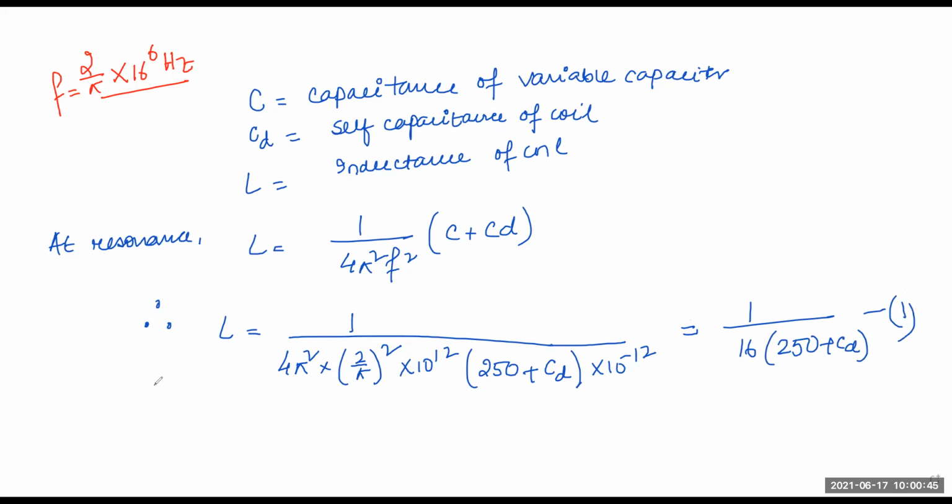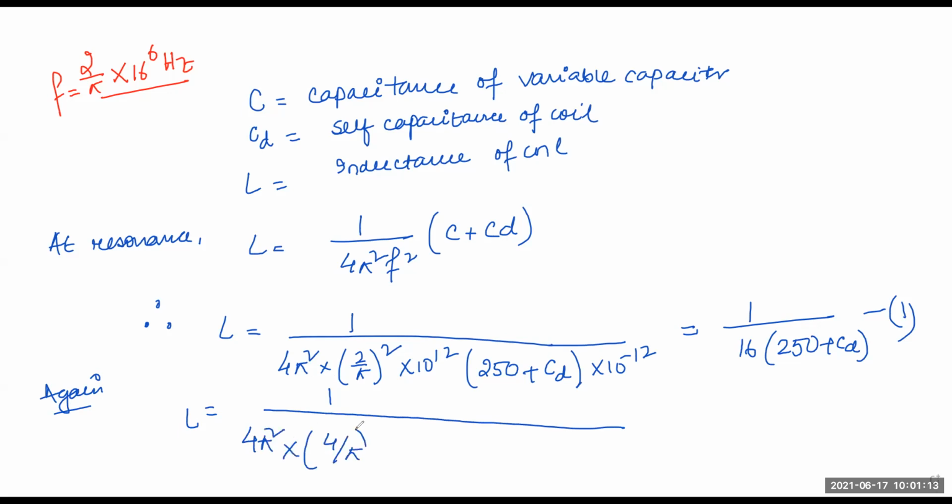Now, you have two capacitances in your problem. Just check it out. One is 250, one is 50. Now this is for the second harmonic. So for the second harmonic, I have to again write the equation for inductance. So again, L is equal to 1 by 4 pi square multiplied by 4 by pi, because second harmonic.